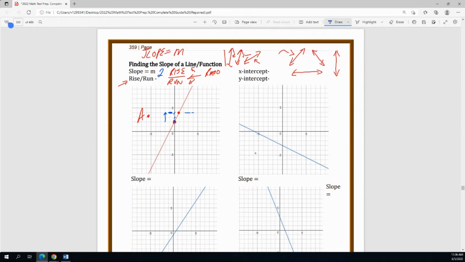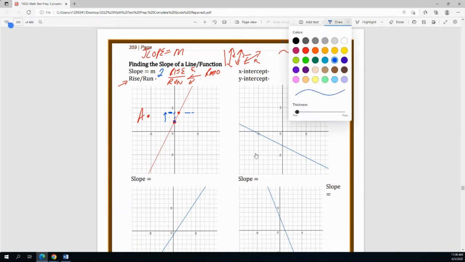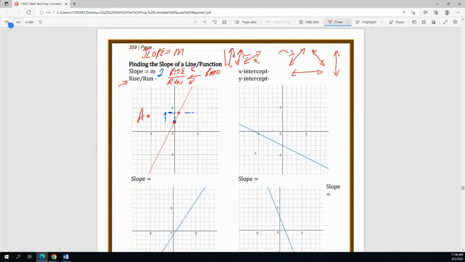Now I'm going to say, okay, from there, let's pick a nice color. Here we go. If I'm here, how many units do I have to bump over to the right in order to hit it? I have to go 1 more unit over to the right, and now I'm on top of that next dot.